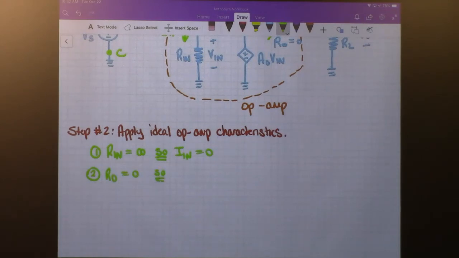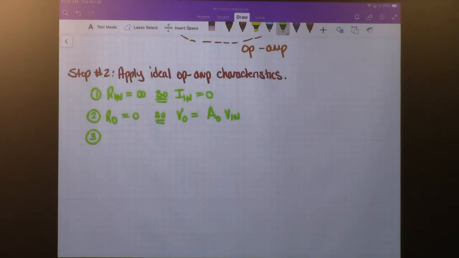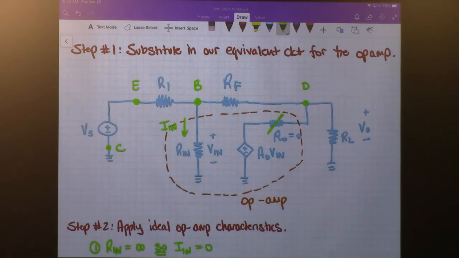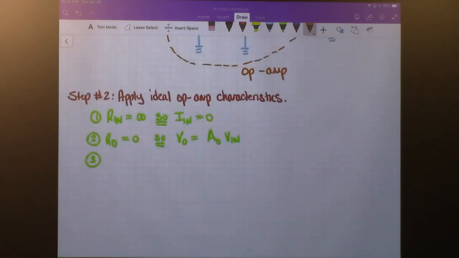So V out will be equal to A naught times V in, which we've already drawn on the picture here. And then third, and this one is an important one, we know that the open loop gain will be equal to infinity. So this one's a little bit harder to figure out.